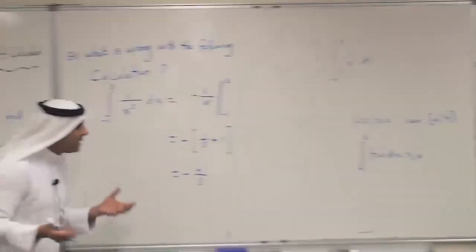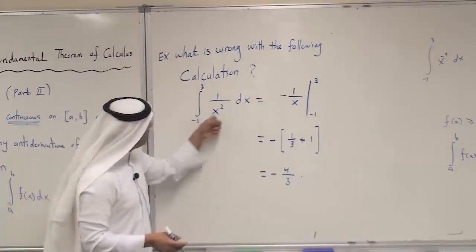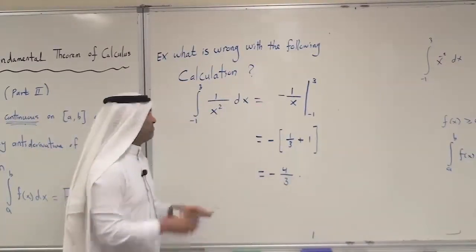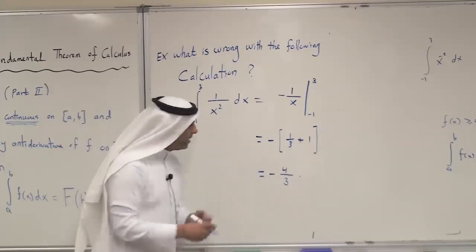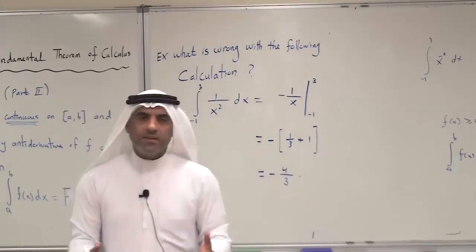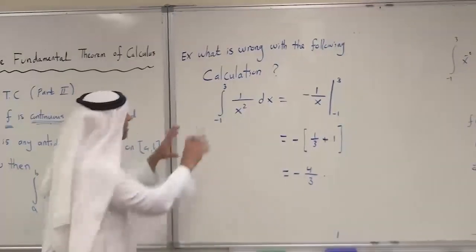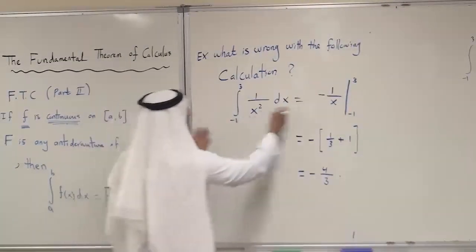But something amazing here: we are integrating a non-negative quantity, and we end up with a negative quantity. It seems to be invalid. It doesn't make sense. So what is wrong in the calculation here? I'm doing things correctly.